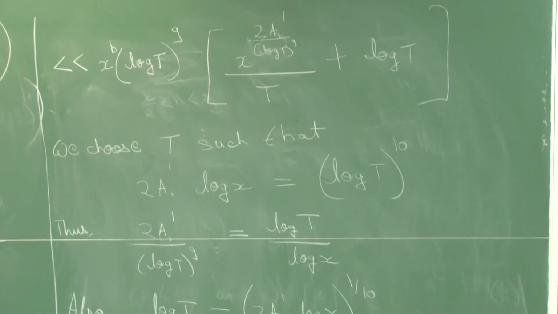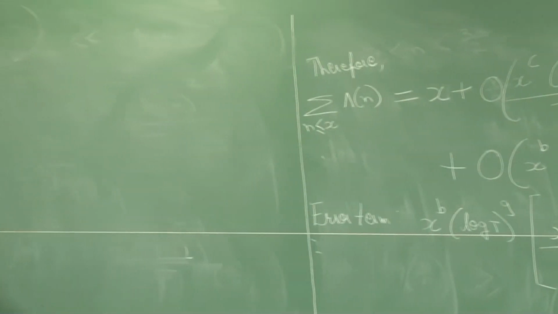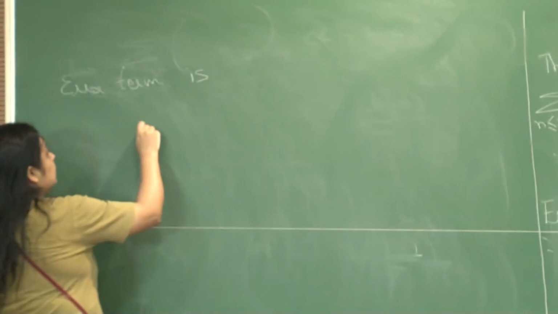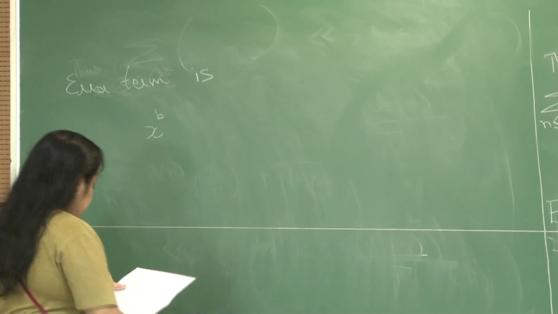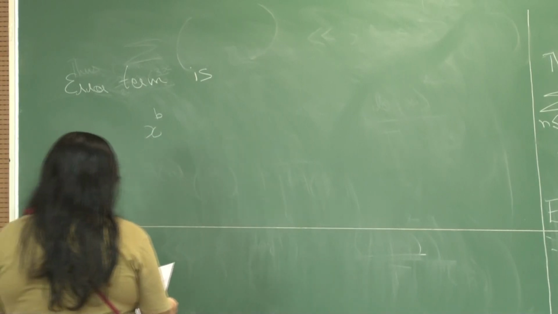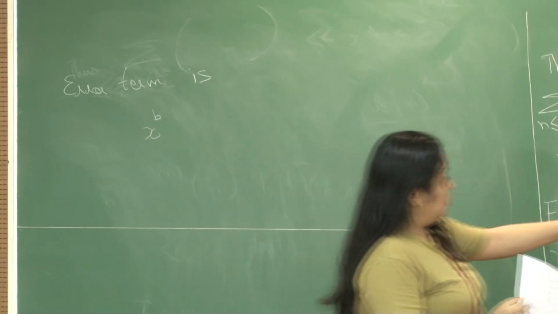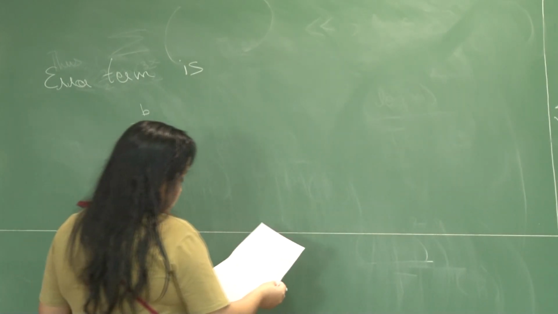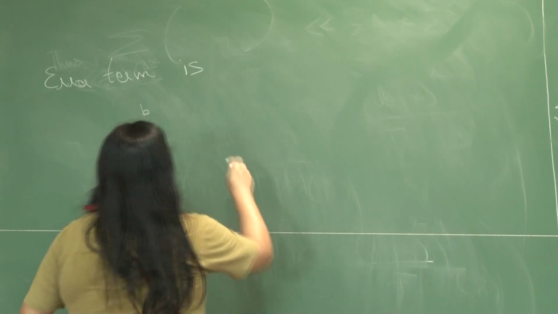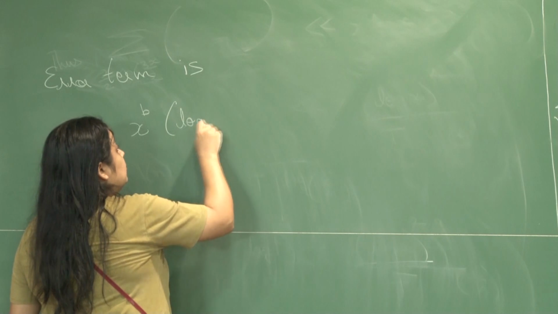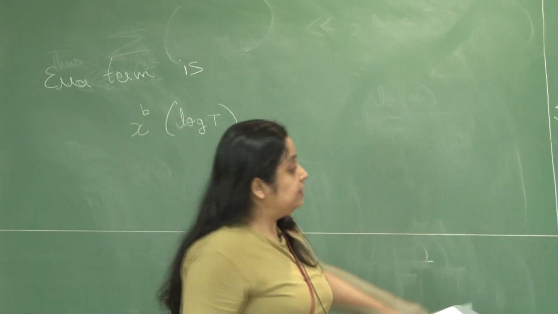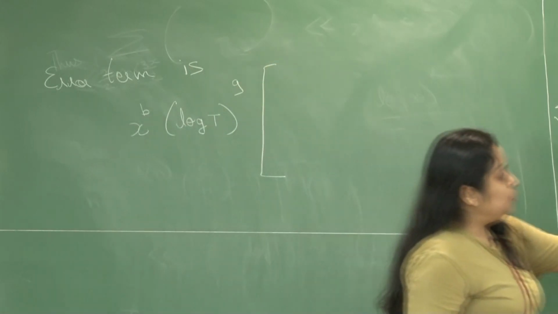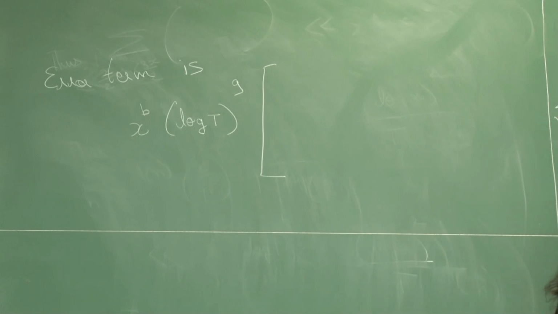So our error term becomes, what is it? You have x raised to the b times (log t) raised to the 10. Let me just write this down. x raised to the b, raised to the 9, times, what happens to x raised to the 2a1 prime over log t raised to the 9?